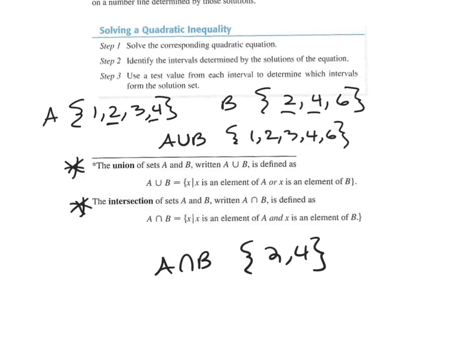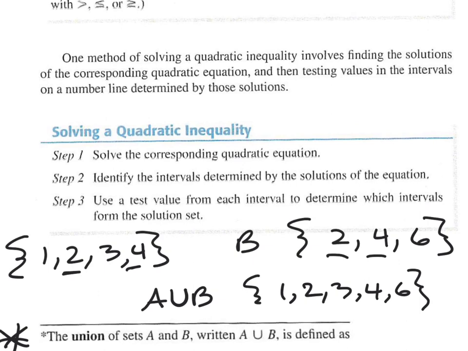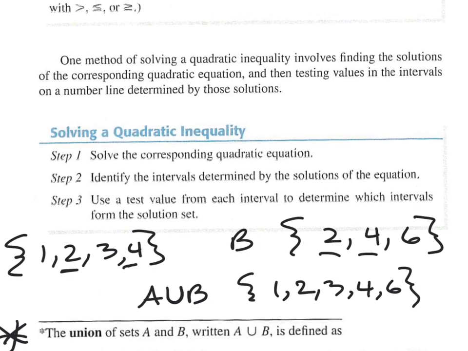Now, when we're solving the quadratic inequalities, we're going to follow these 3 steps. My first step is to solve the corresponding quadratic equation. I am going to turn it into an equation. I'm going to take away the inequality, put in an equal sign, and then factor it or solve it.